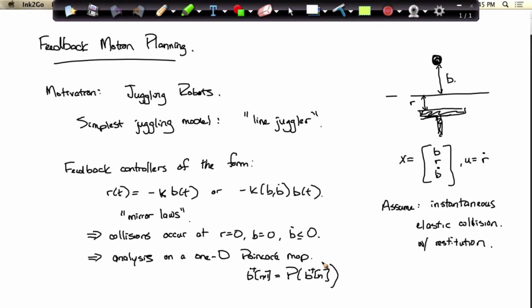Okay? And the cool thing is that very simple laws, even constant k's chosen properly, can give you stable Poincare maps, right?